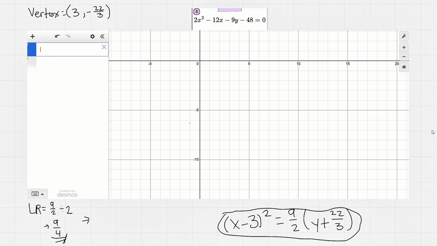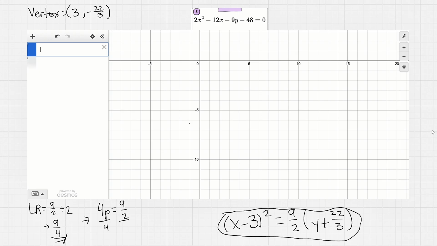Now, let's try to find our focal point. How are we going to find our focal point? In our standard equation, the middle term is 4p. And we are going to equate 9 over 2 to 4p.